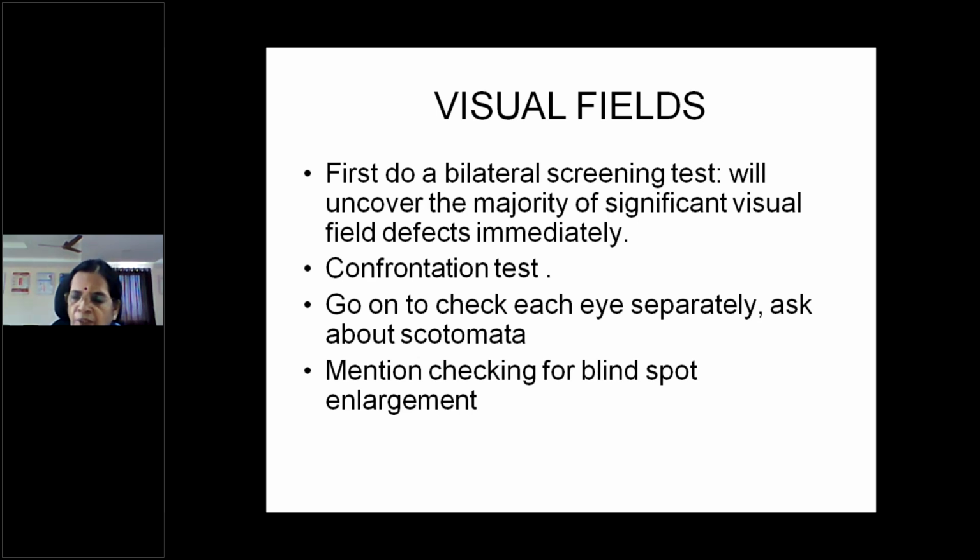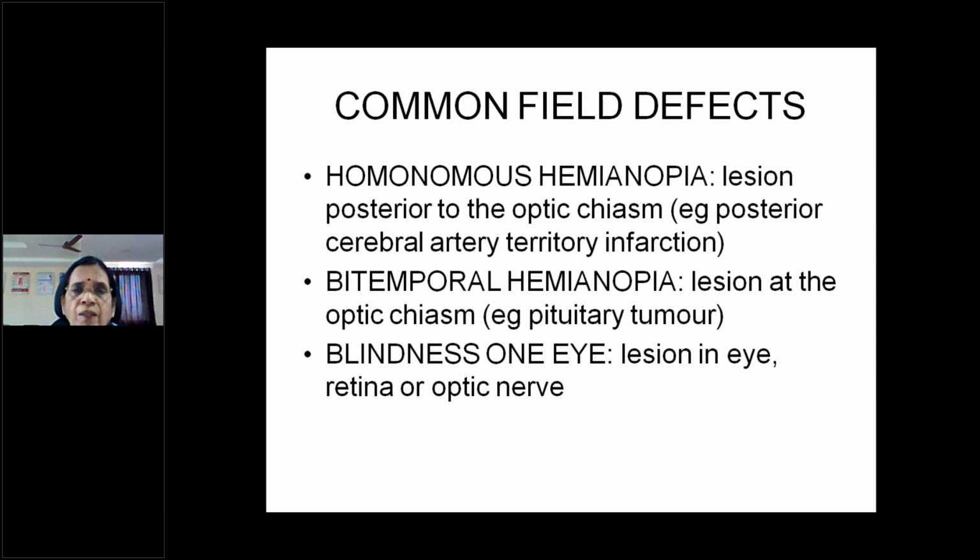That indicates whether the patient is having any hemianopia or quadrantanopia. You can make that out with this field of vision. That is the confrontation test. The common field defect is homonymous hemianopia, which means a lesion posterior to the optic chiasma. They can present with bitemporal hemianopia, which is important in the optic chiasma.